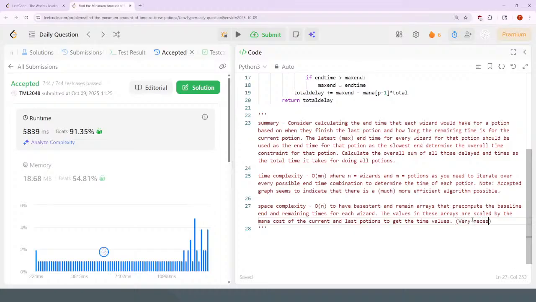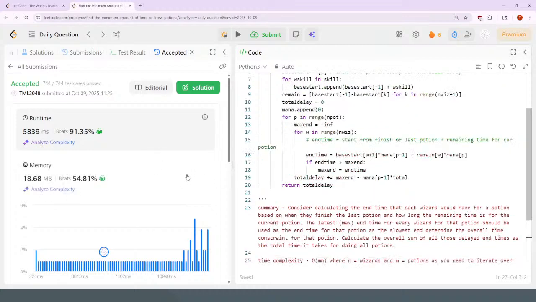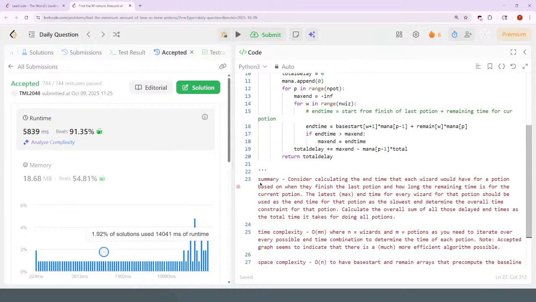Very necessary, as a matrix would have too many values if it's n by n, in which case it's like 225 million, something like that, which I actually did have, and it definitely did crash. Anyways, that's it.